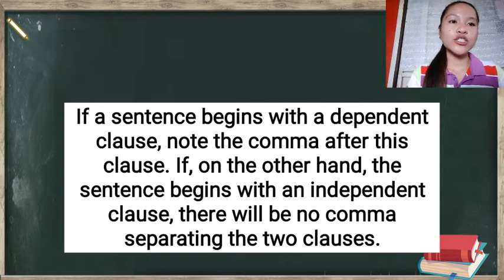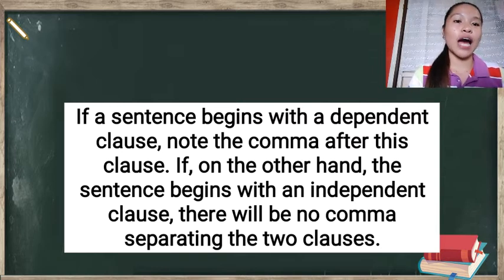We also need to remember that if a sentence begins with a dependent clause, note the comma after the clause. So meaning, if we start the sentence with a dependent clause, we should put a comma first before writing the independent clause.